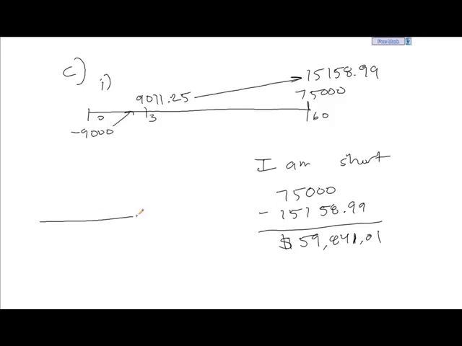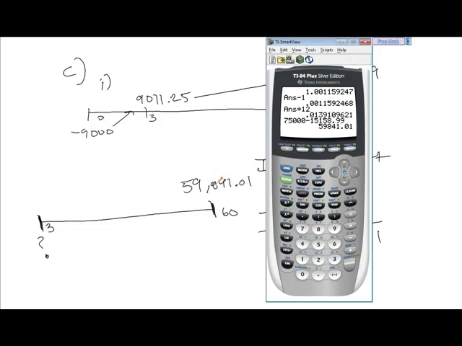So really the question is now, if I start here at month 3 and I come all the way over here to month 60, what do I have to put in as one lump sum in order to accumulate to my deficit? I need to have $59,841.01.